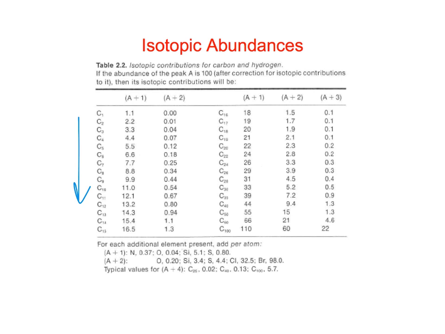The A+2, if we only have one carbon, is very small and has a small contribution, but as we get a lot of carbons, it starts to make a considerable or a measurable contribution to the M+2 peak.